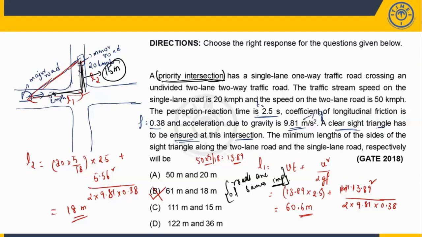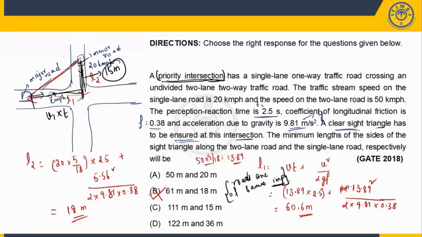Next, how is the major distance calculated? Minimum side distance on the major side of the triangle is V1 into the reaction time.